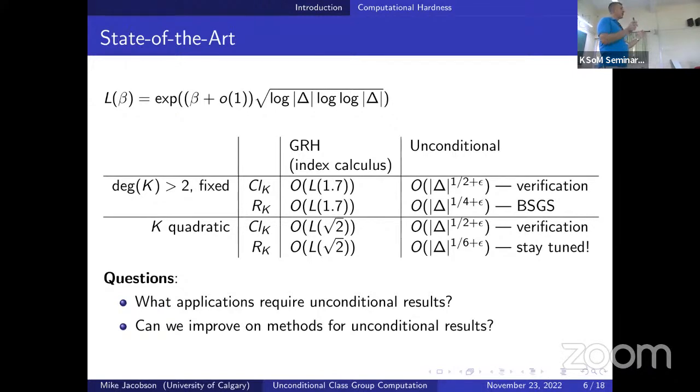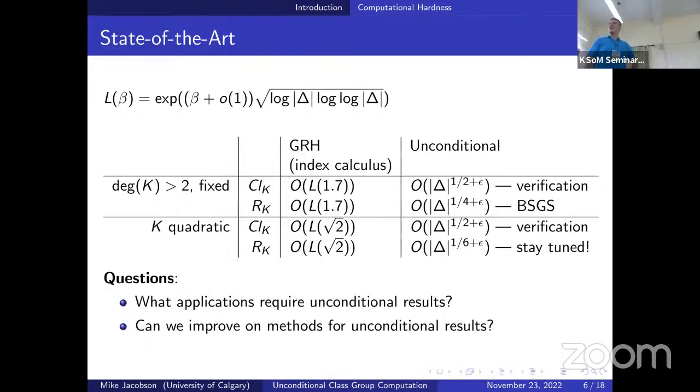And verification means that for all the prime ideals up to the Minkowski bound that you didn't use, you have to prove that the equivalence classes they generate are contained in the subgroup you started with. So it's not principality so much. It's just that here's an equivalence class generated by some prime ideal of bigger norm, and I have to show that I can write that as some linear combination of elements in the class group. So it's an equivalence test you have to do, which is also hard to do.